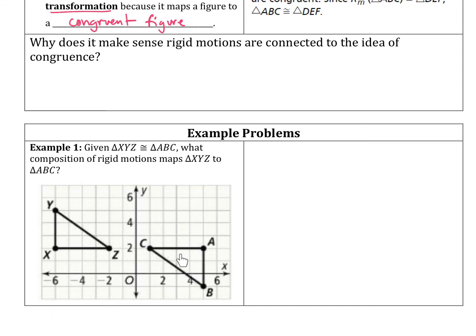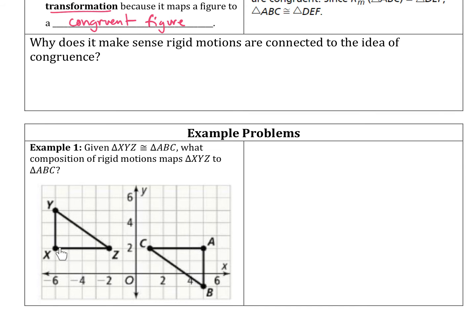They're both the third letter listed. And that tells me that they should map to each other. Same thing with X mapping to A and Y mapping to B. So now with that known, I know that I need to move Z to where C is. I need to move X to where A is. I need to move Y to where B is.